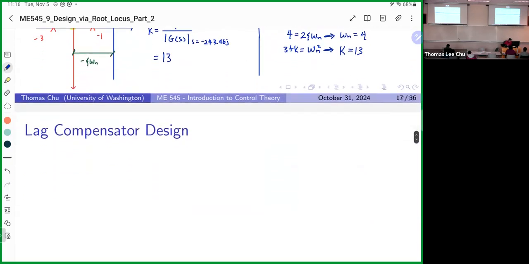So the first thing we have to do is find the uncompensated steady state error. So I'm going to call it ESS for U for uncompensated for step input.